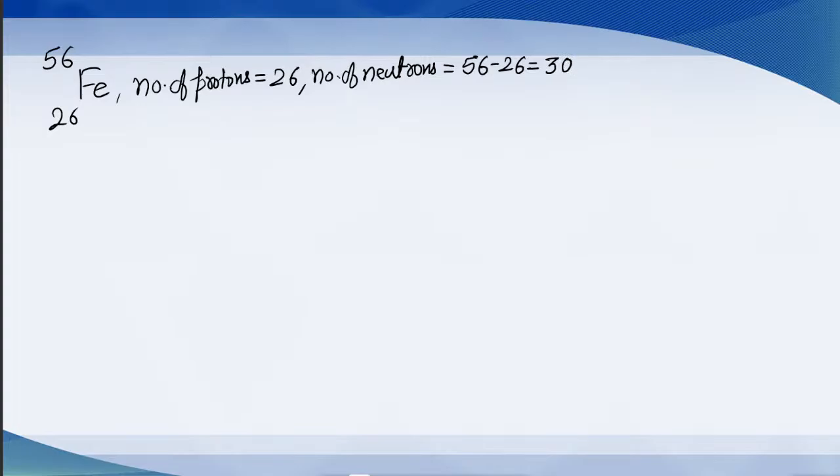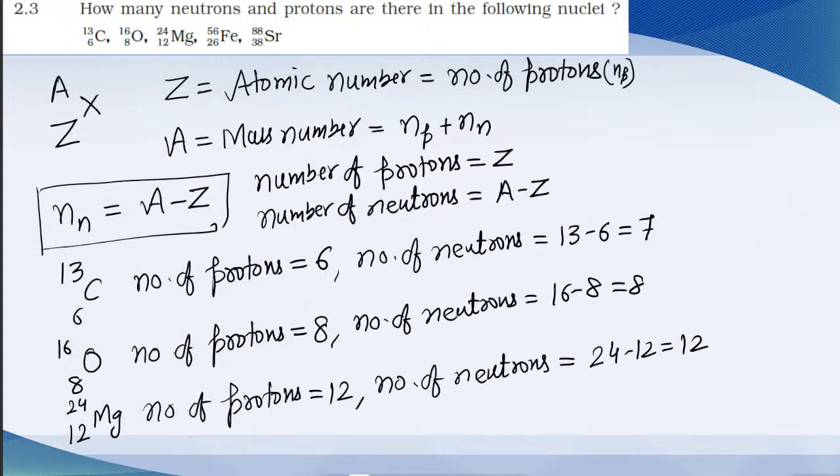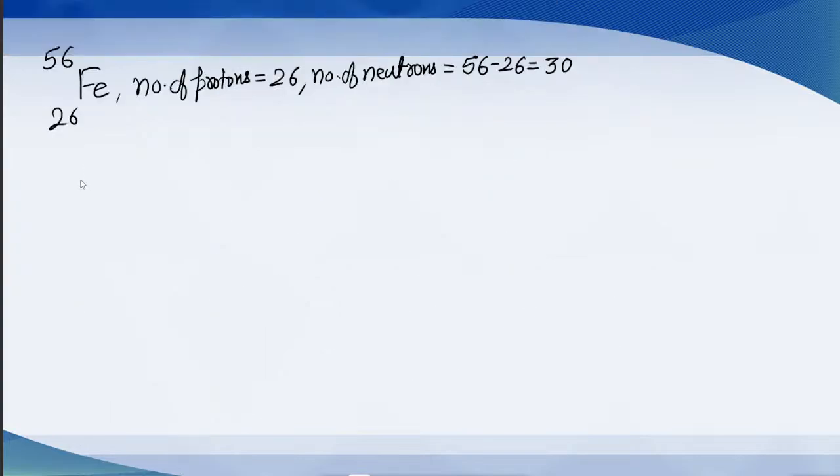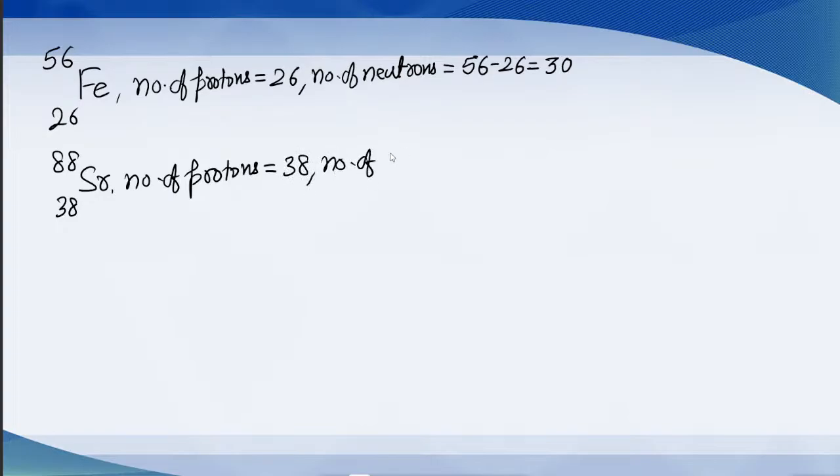Okay. And the last one is 38 strontium 88. Strontium 38, 88. So number of protons is equal to 38 and number of neutrons is 88 minus 38, which means 50.